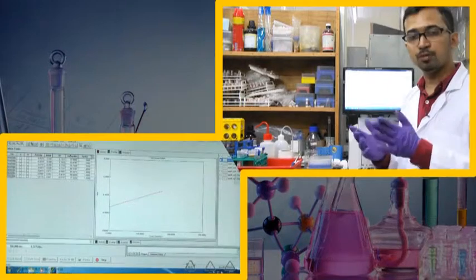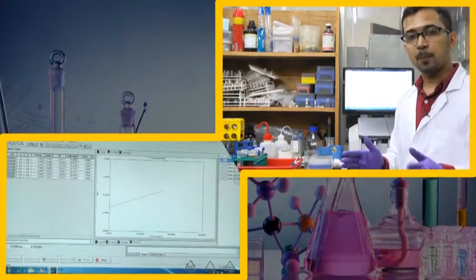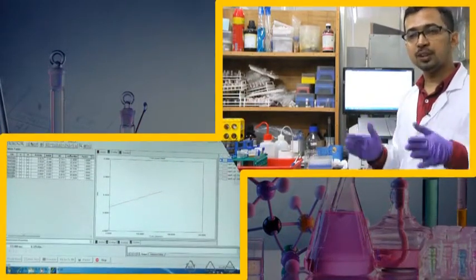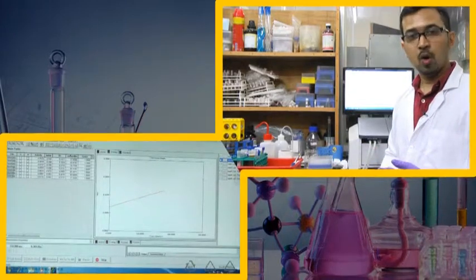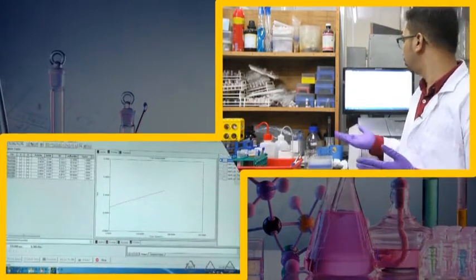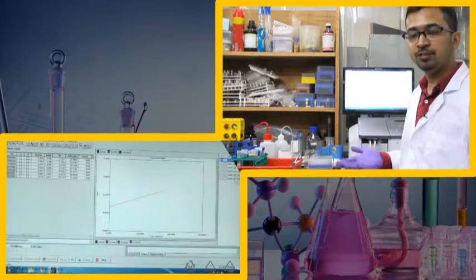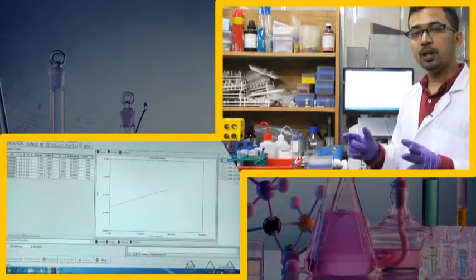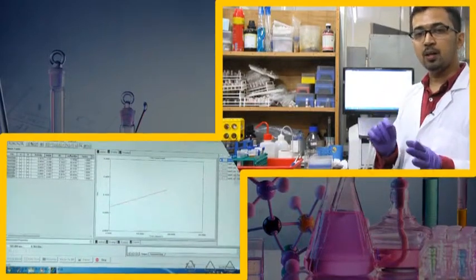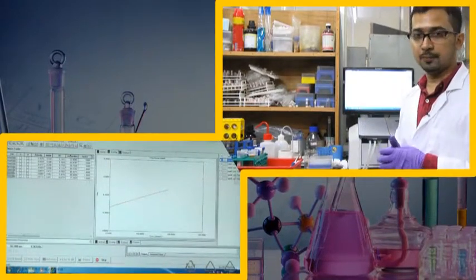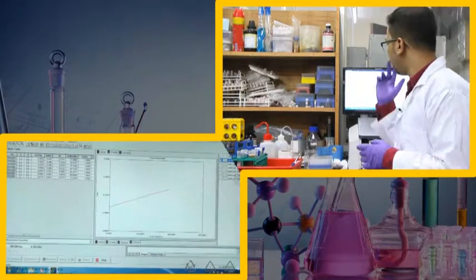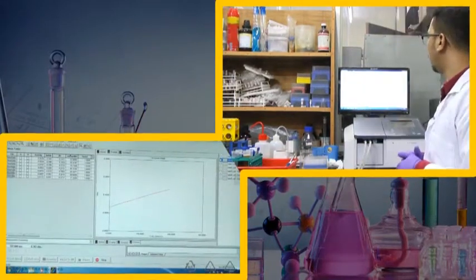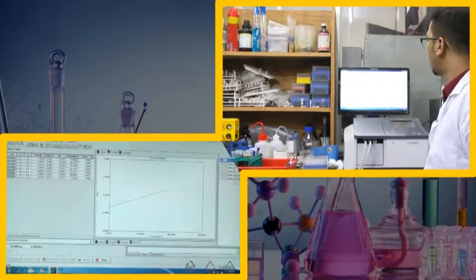You can get the absorbance for a particular time and subtract it, and the change in time you can also do manually. Previous instruments which did not have such facilities, they used to manually plot it, and from there they took those values and calculated the velocity.